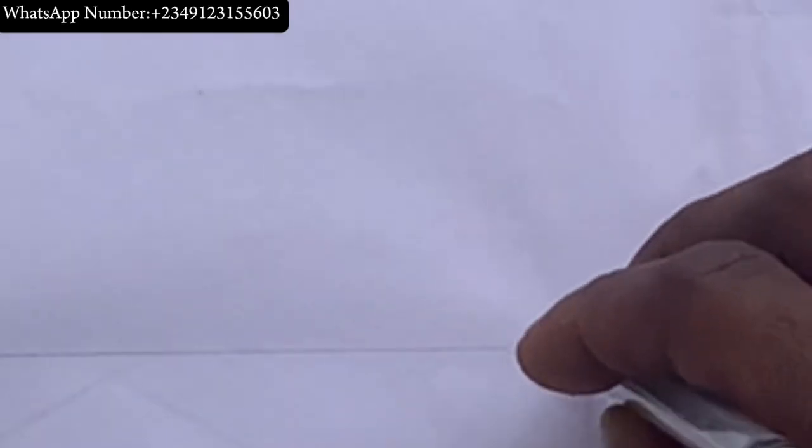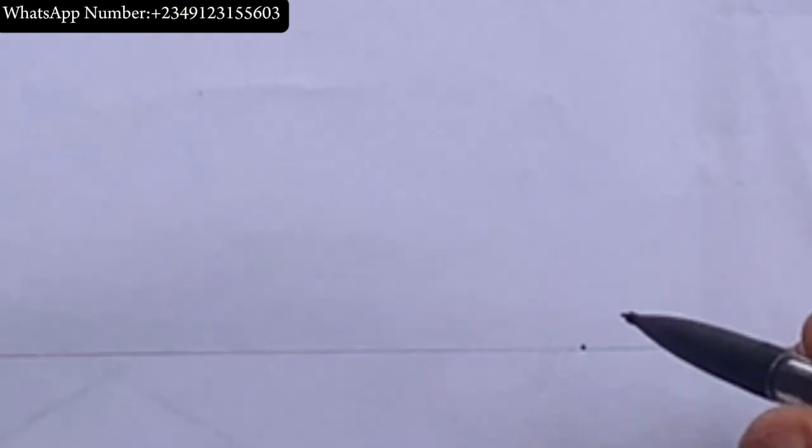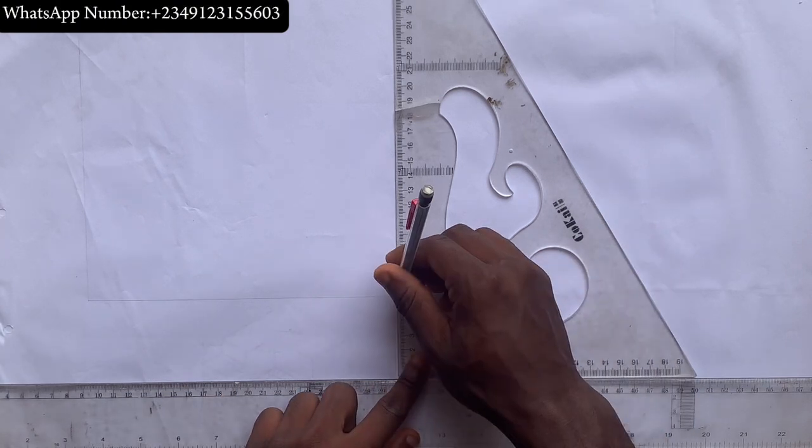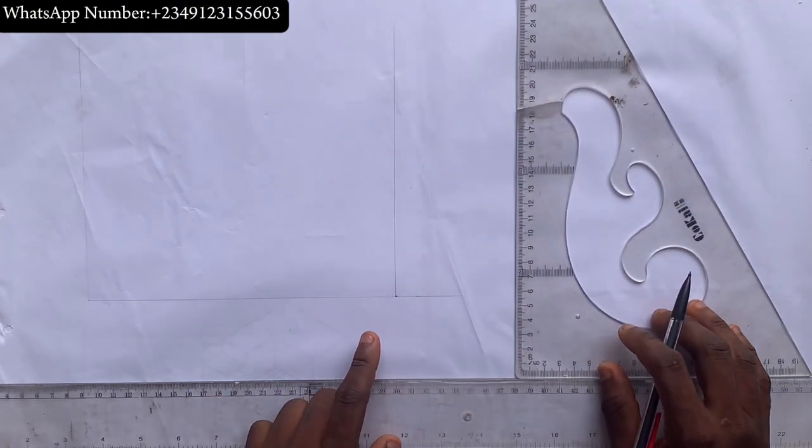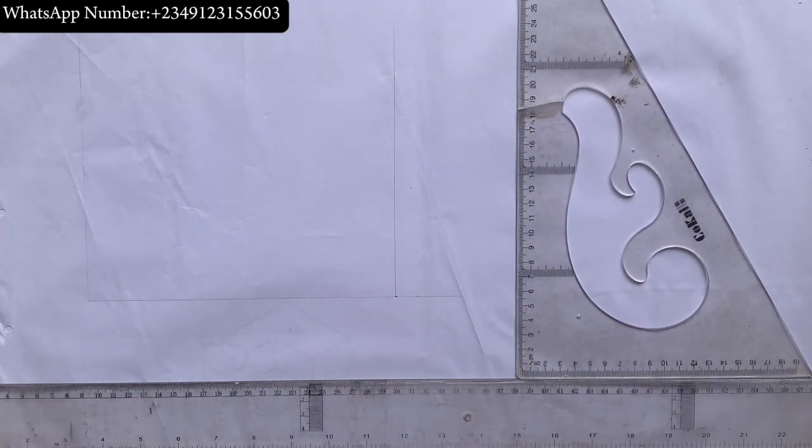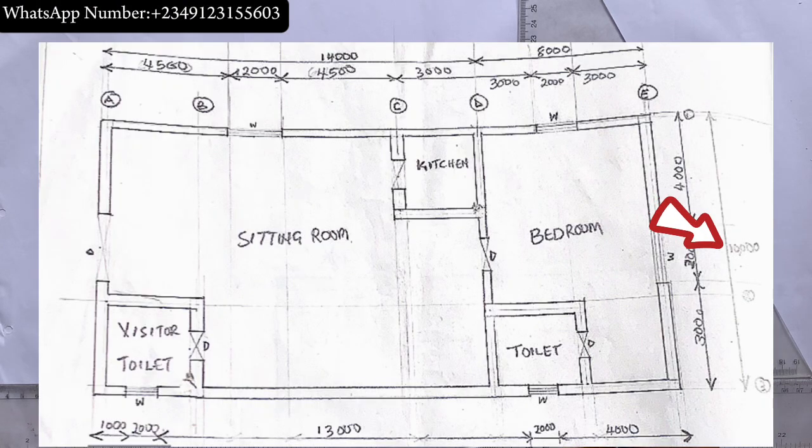Around here is 22. So my entire length of the building is 22. I'll take this point upward with a faint line. The breadth of the building is 10,000, so 10,000 there. A very easy one. So I'll take my T-square this way.